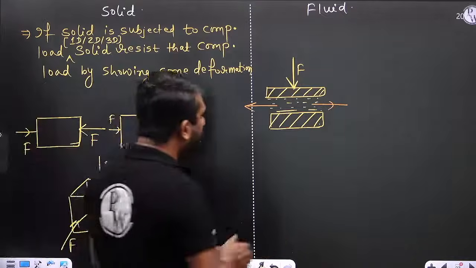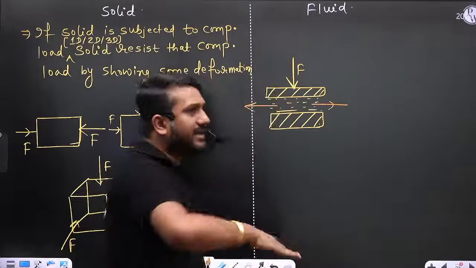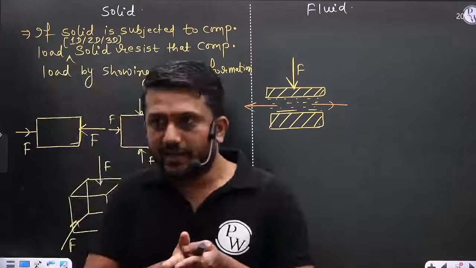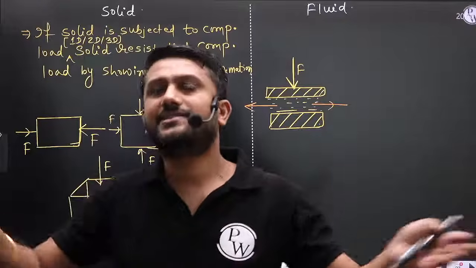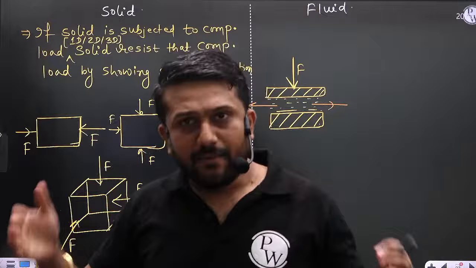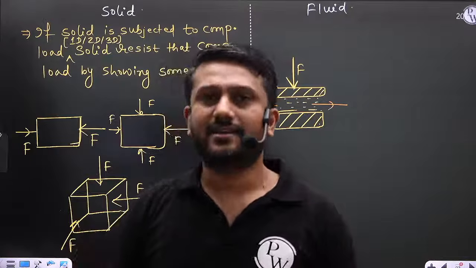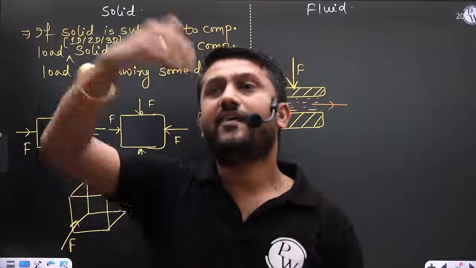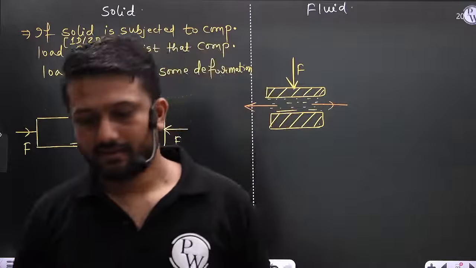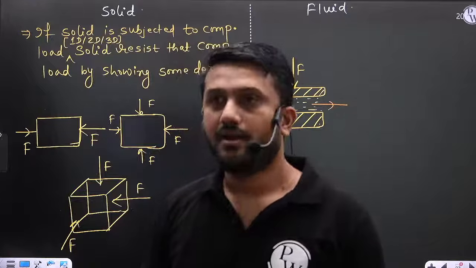Fluid is flowing in the x direction. If I am applying the force in a y direction, then fluid is flowing in a x direction. If I am applying a force in a x direction, then fluid is flowing in a y direction. Are you getting my point?